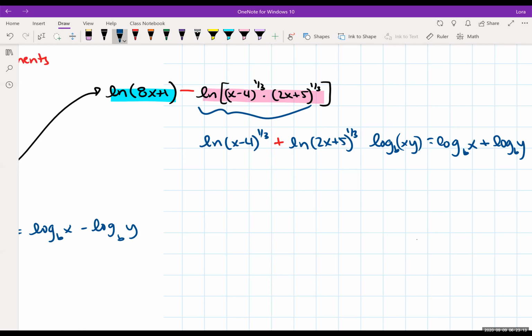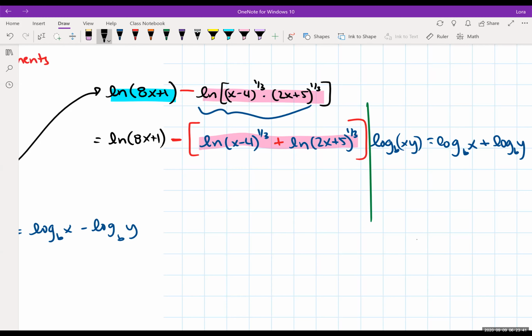Let me draw a little line so that we don't get confused with our properties. But I need to be extremely careful because the pink version expanded, look at what was in front of all of this was a negative sign. So you have the entire expansion to deal with. Still rewriting natural log of 8x plus 1.